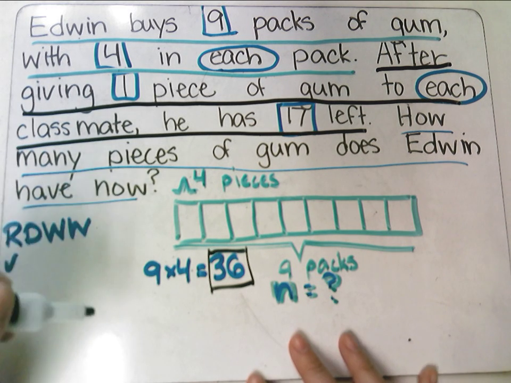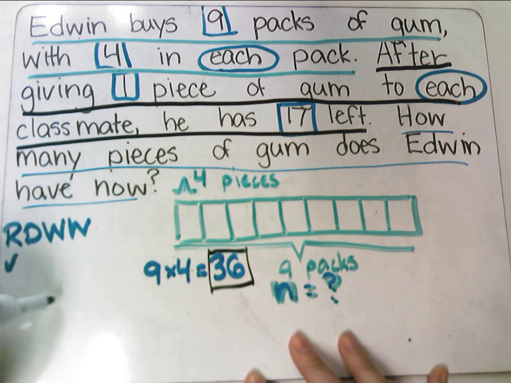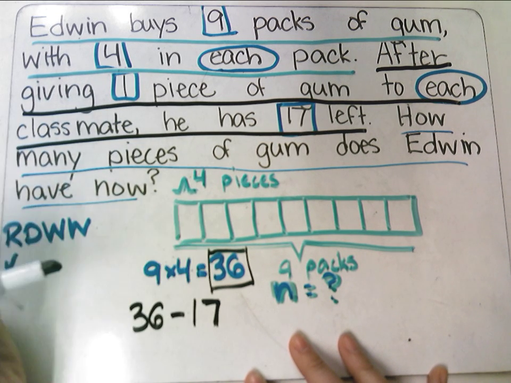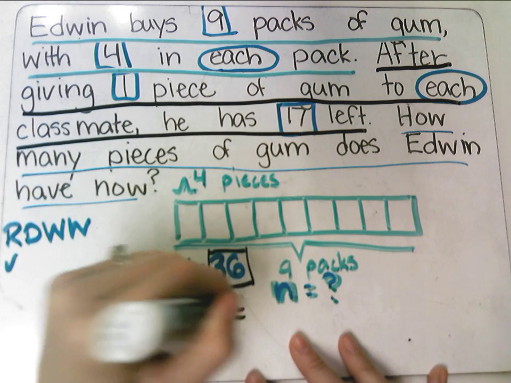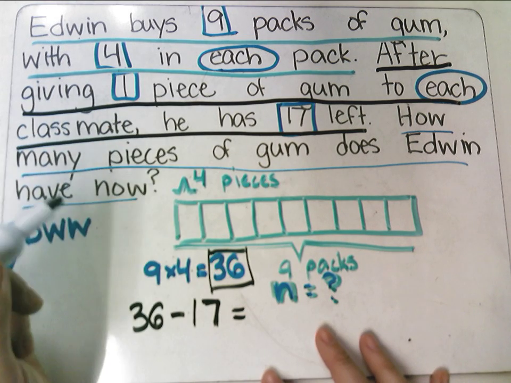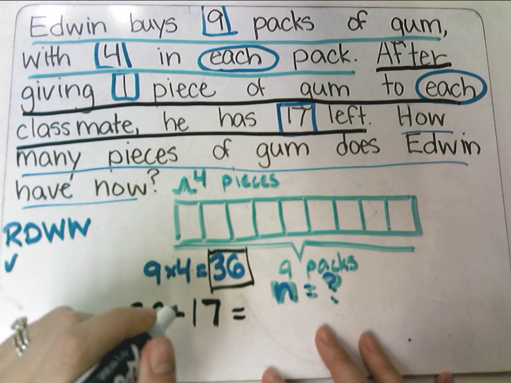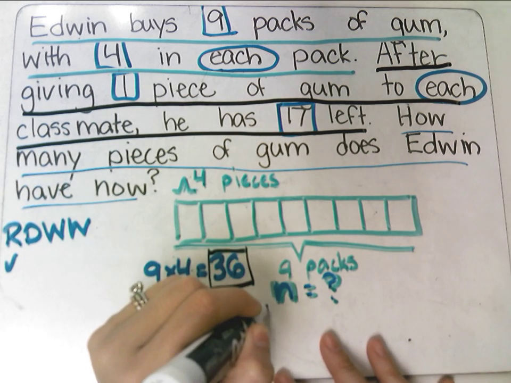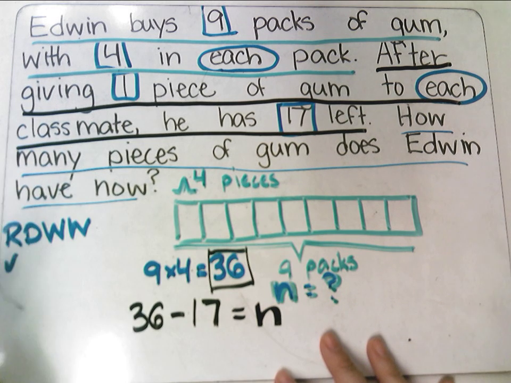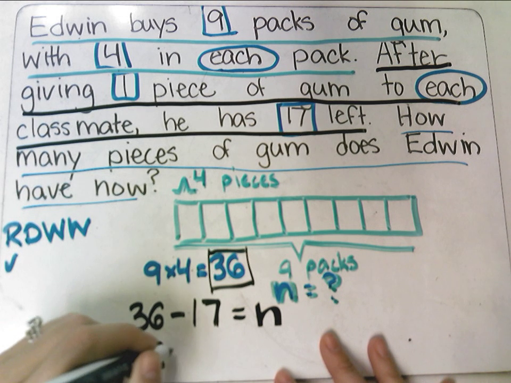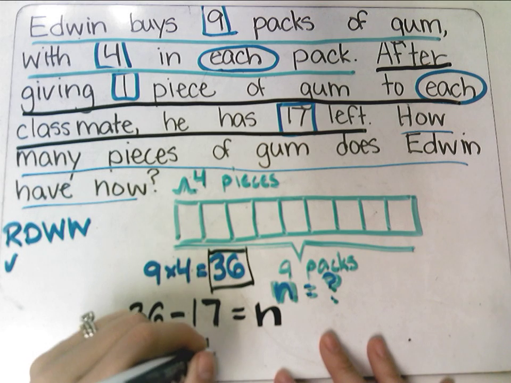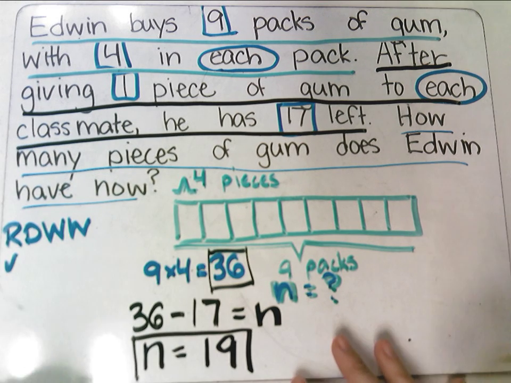So we're going to do 36 minus 17, because that's how many he has left, equals, well, we would have to figure out 36 minus 17. And that equals, I'm going to put another n. So I'm going to use mental math and think, what does n equal here? 36 minus 17. If you were thinking 19, you are correct.